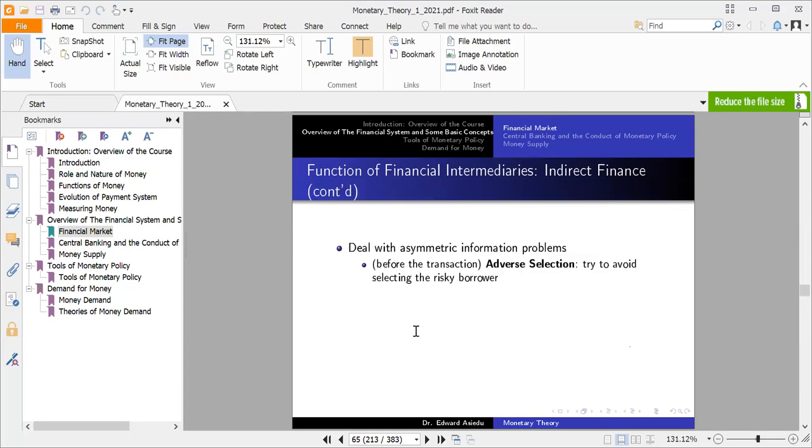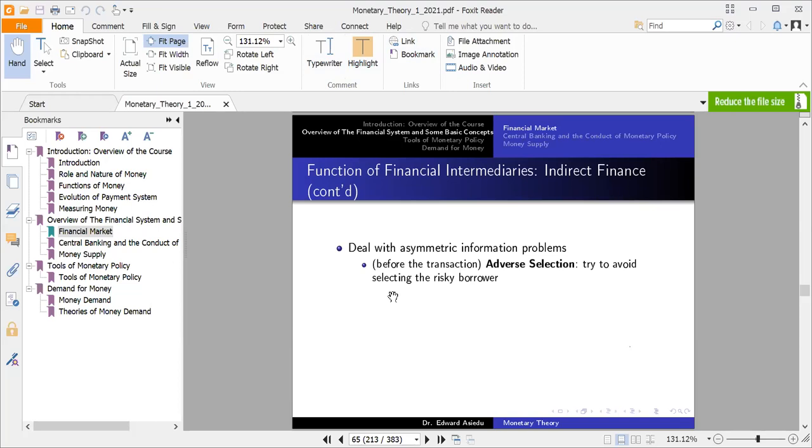Okay, it also deals with, financial intermediaries help you to deal with information asymmetry. If I'm investing by myself doing direct financing, Ebenezer and Co, who were asking a question, if I wanted to invest in Ebenezer's company, I have to deal with a lot of information issues.